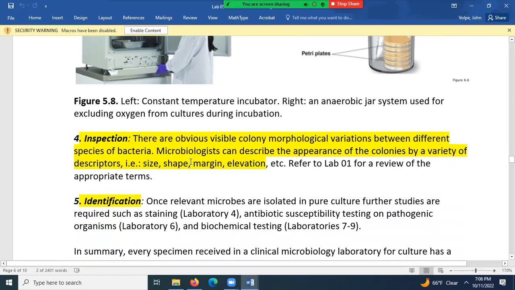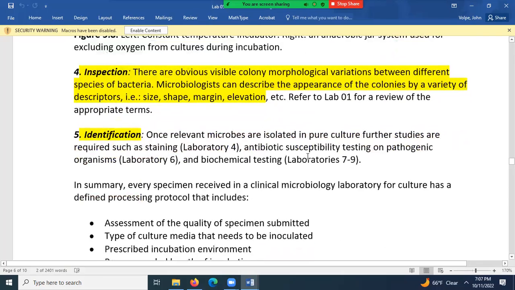You may begin describing the colonial growth, like you can describe the appearance of the colonies, talk about the colony size, the shape, the margin, the elevation. That starts identifying the unknown bacteria, but it's not enough to identify it. To identify it, you then have to take a pure culture and run biochemical tests to identify the bacteria.